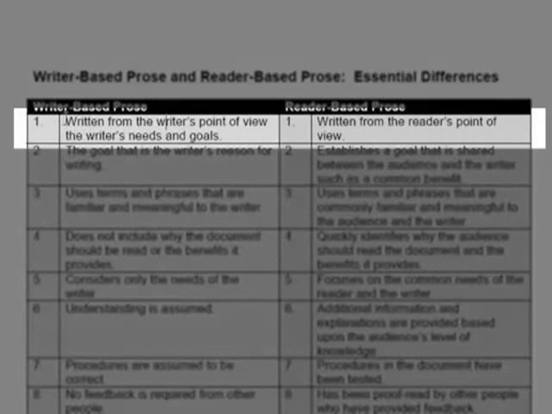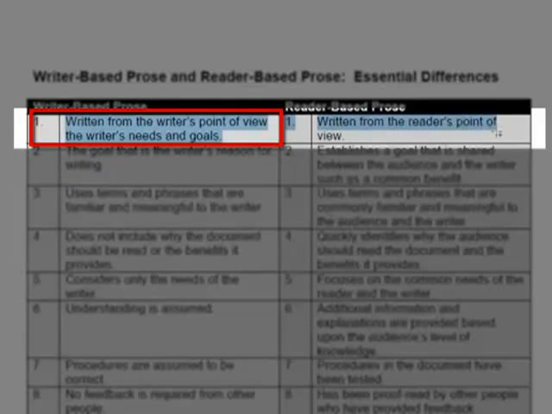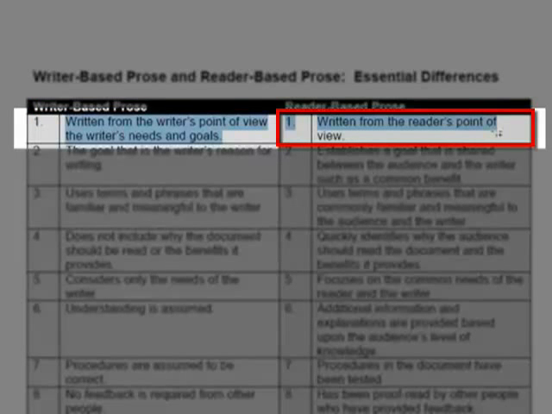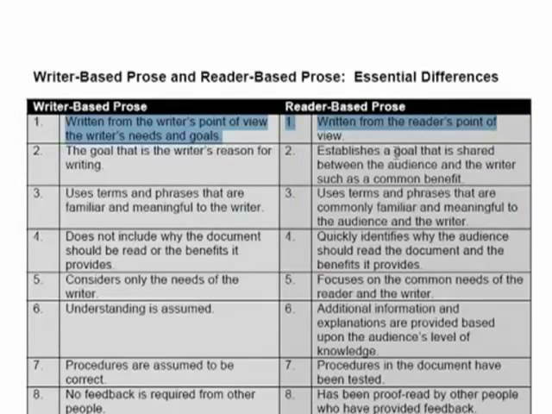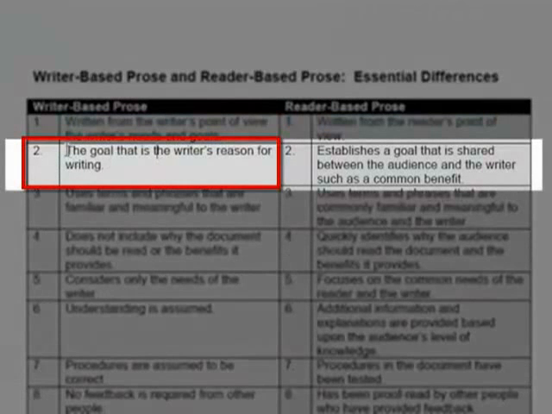Something else that I want to show you. This writer does a good job of maintaining parallelism in this first point: written from the writer's point of view, the writer's needs and goals; written from the reader's point of view. Both start with the phrase written from the, and that gives them parallelism. But look what happens in number 2 here. I lose my parallelism.